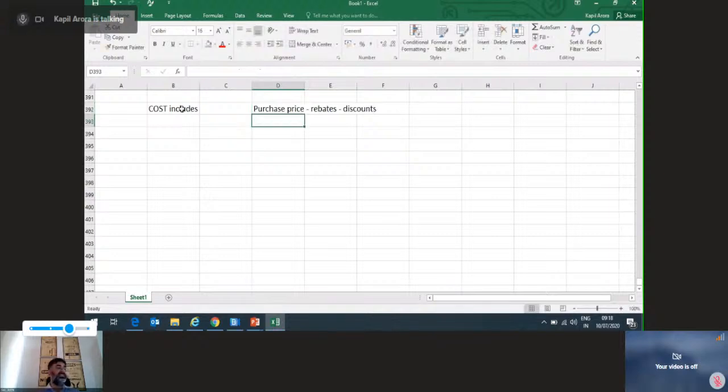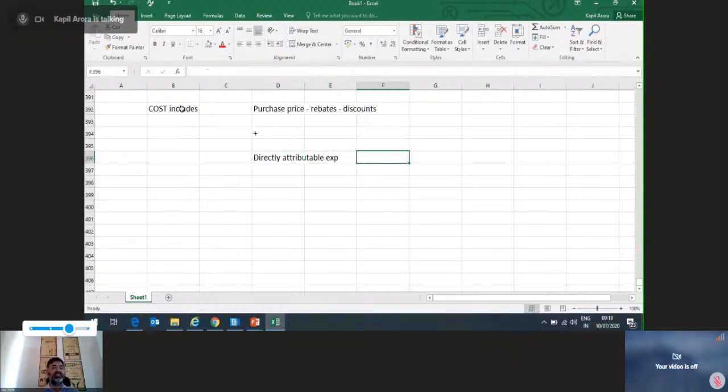So purchase price which I am paying, minus any rebates, minus any discount, plus directly attributable expenses.